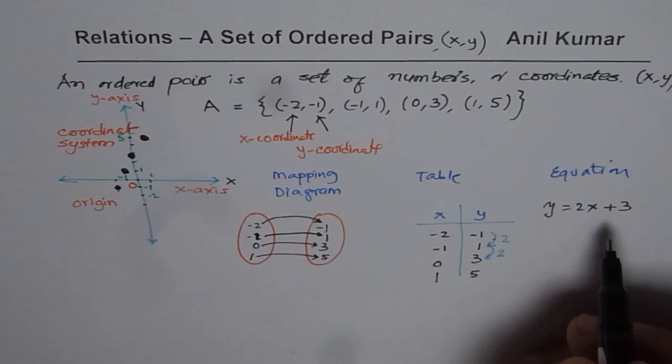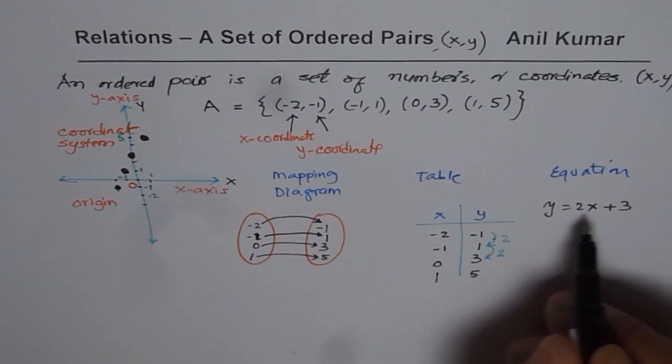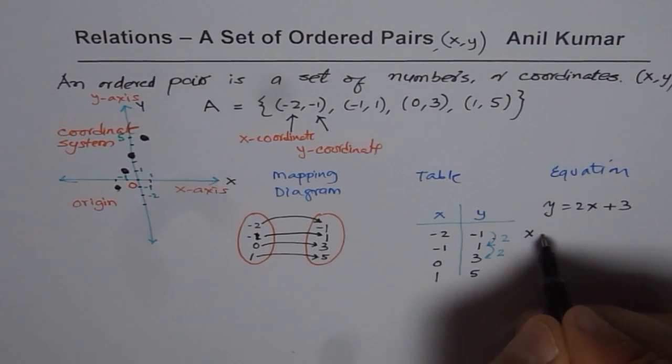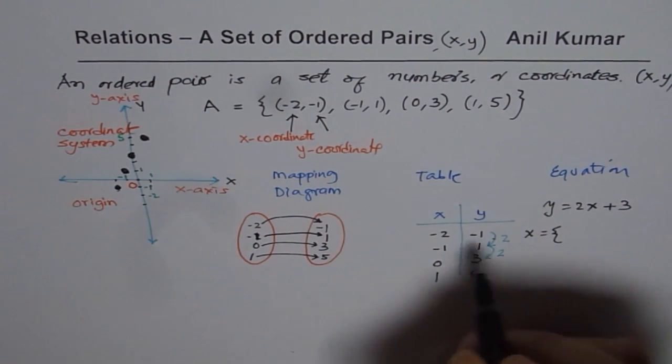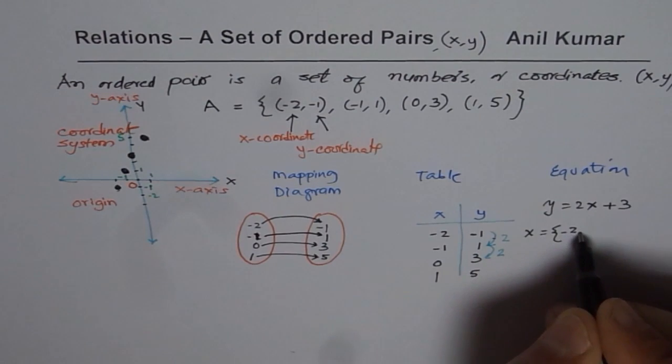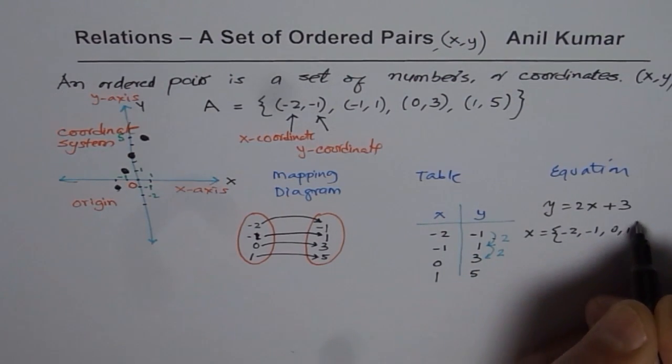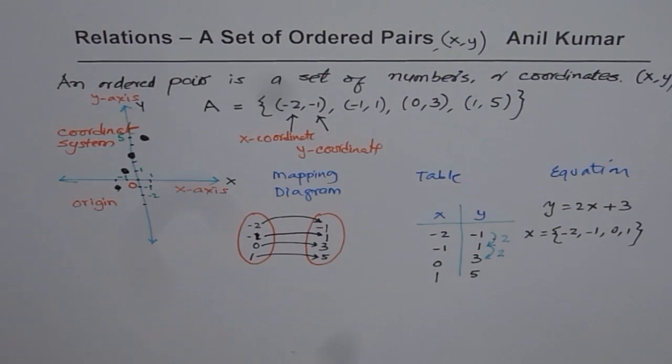However, we should be careful in this case, because here what is x? The input here, we'll say x is equal to these numbers, minus 2, minus 1, 0 and 1. Right? That is very important.